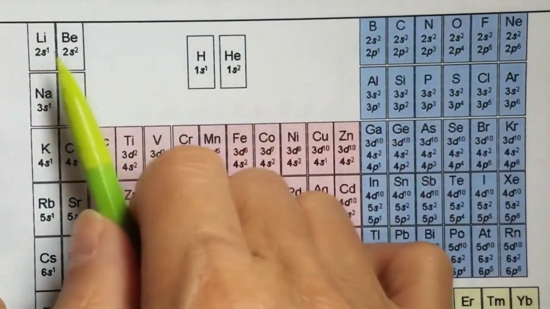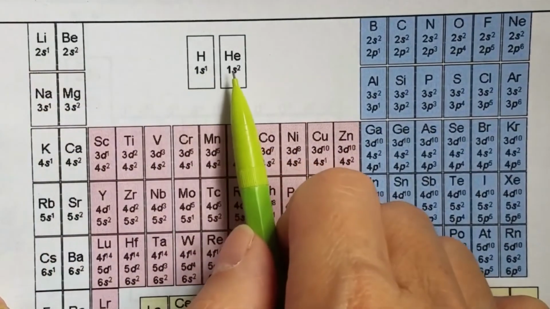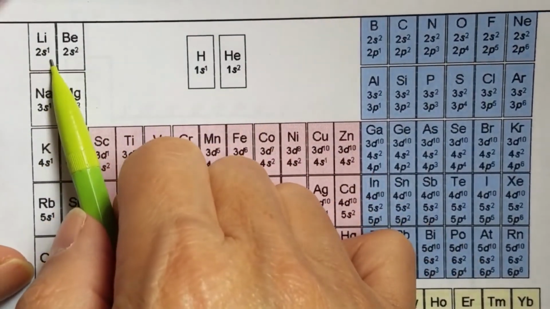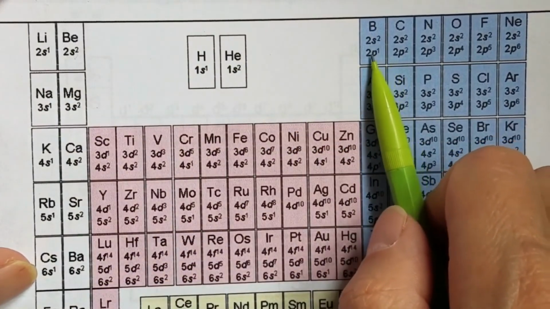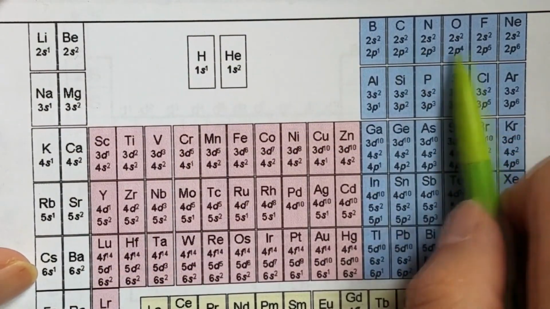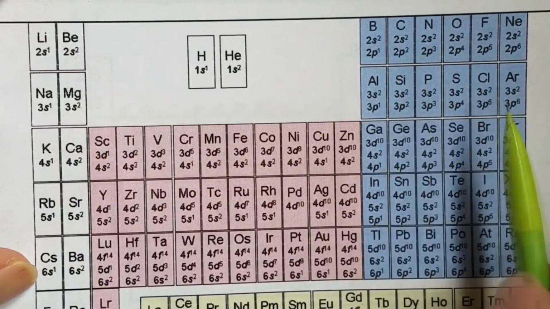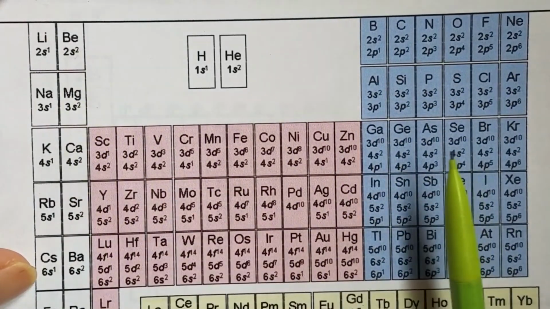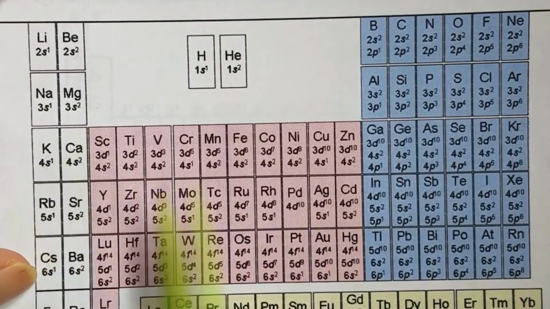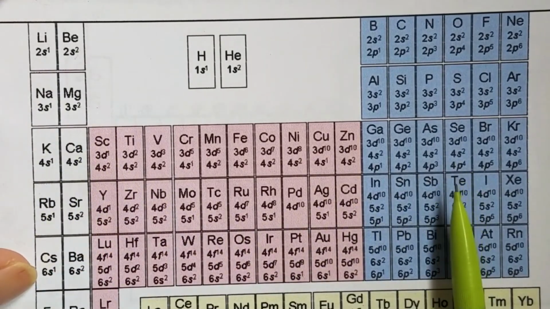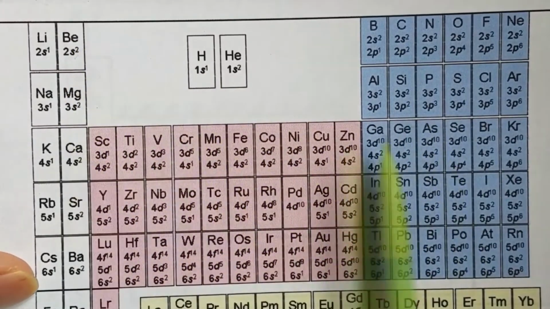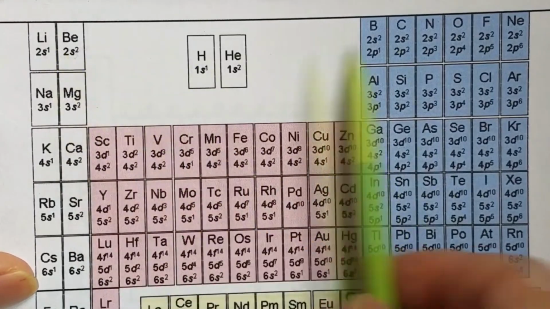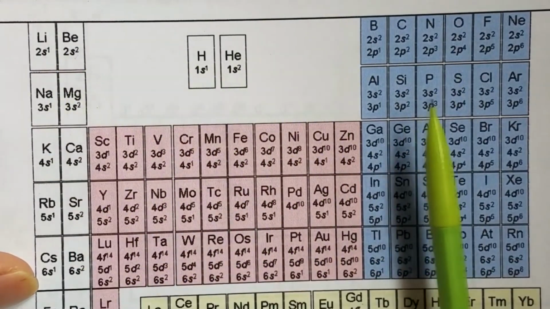If you have 3, just keep filling: 1s1, 1s2, then 2s1, then 2s2, then 2p1, 2p2, just keep filling. The periodic table is arranged by increasing number of protons, or atomic number, and that happens to be exactly the same number as the electrons.